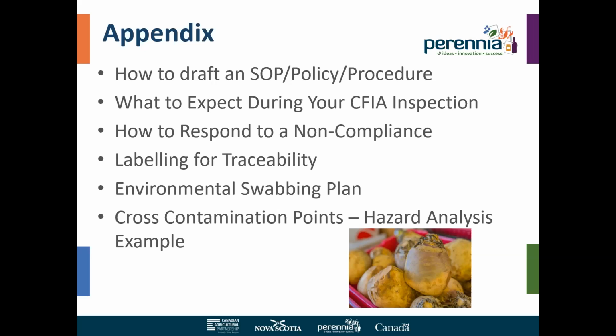But then of course, after you've had some time to look at this guide, if you have any further questions, please feel free to reach out to either of us. It also has a little section on environmental swabbing plans, because a lot of companies have questions like, how do I determine what I need to do? How do I write up this procedure? So that's there for you, as well as identifying cross-contamination points and addressing them on your plant schematic and your hazard analysis.